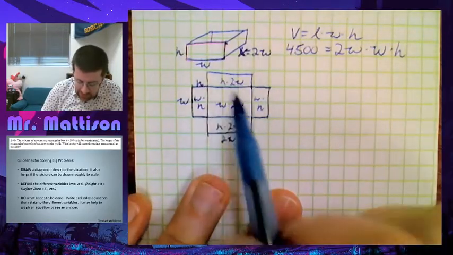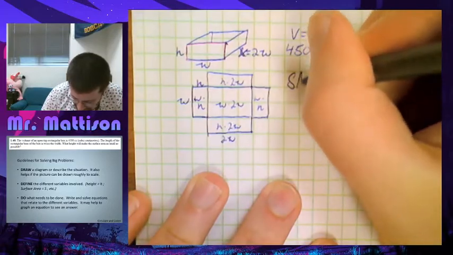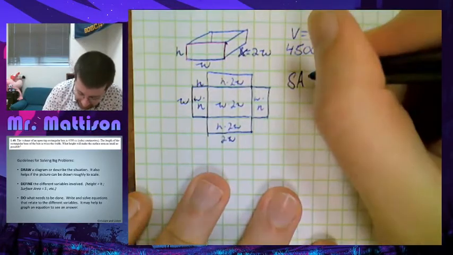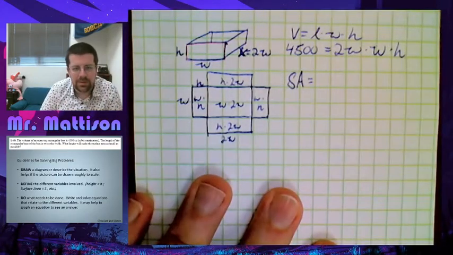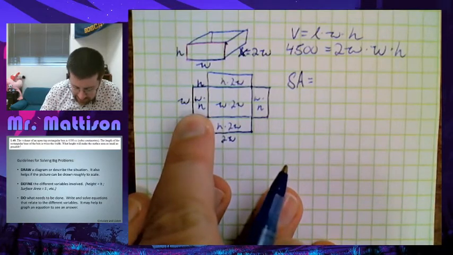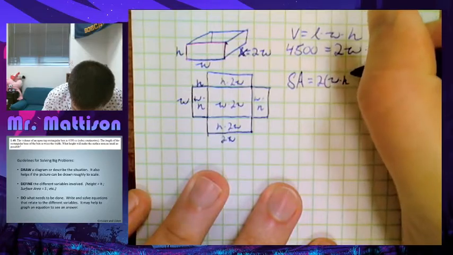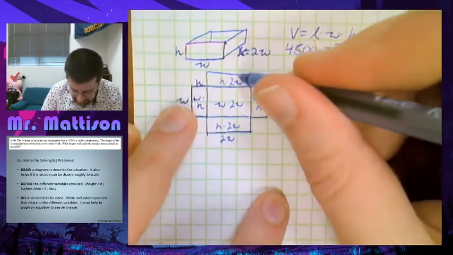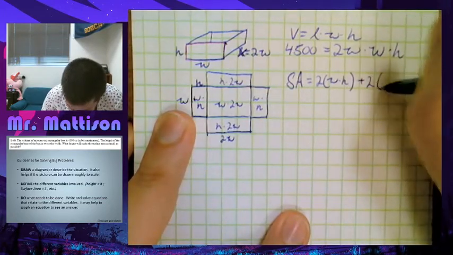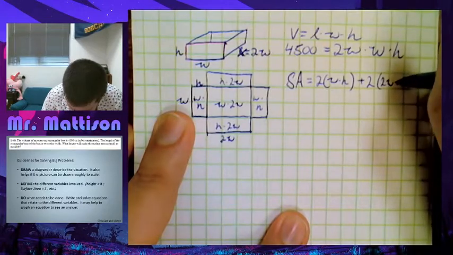Okay, so what I know about my surface area, I'm going to use the variable, they typically use a capital S. I typically use SA just so that I remember it's surface area. I can use 2 letters for that single variable. So my surface area is going to be equal to 2 of the WH's, so 2 W times H's. I need 2 H times 2 W's, so I need to add 2 W times H's.